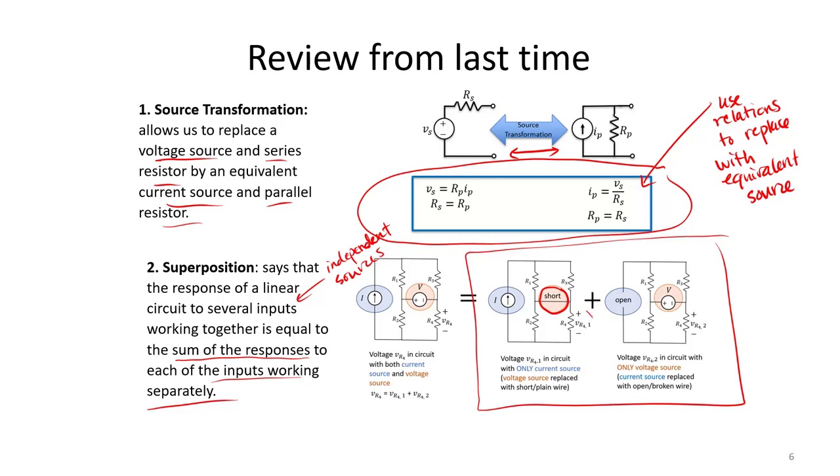We can determine the voltage that we care about with each source considered separately, then sum these two voltages to determine the desired voltage with both sources acting together. And as we learned, as long as our circuits have linear behavior, then both of these tools can be used.